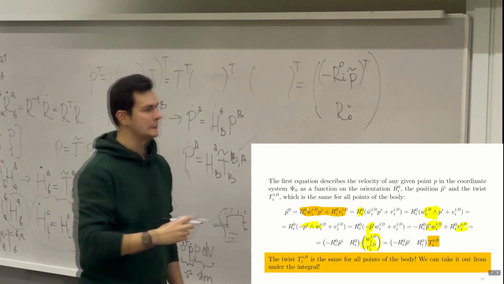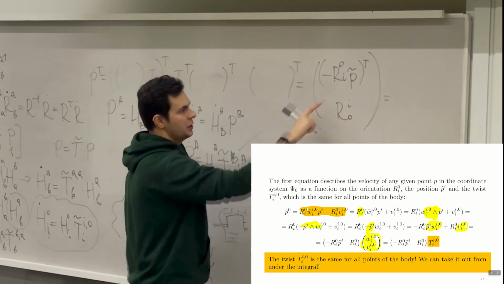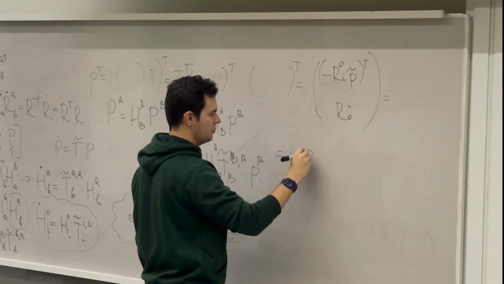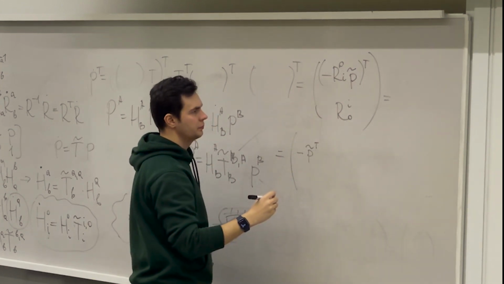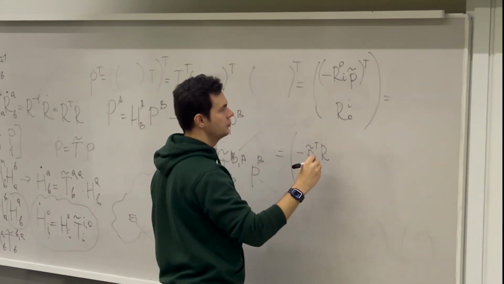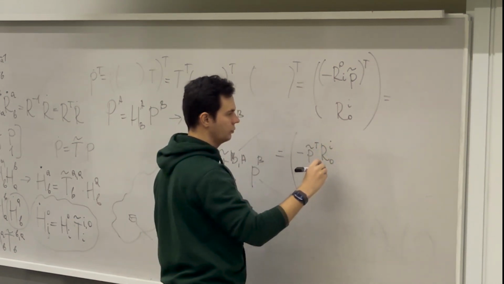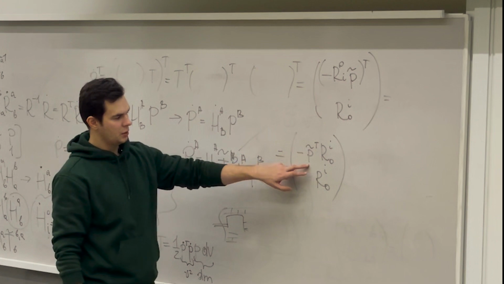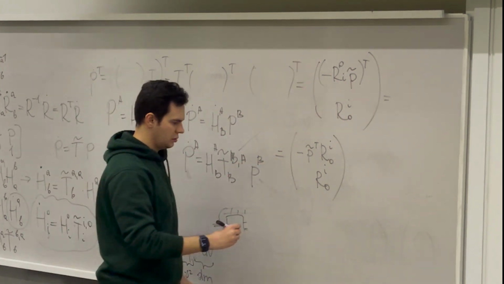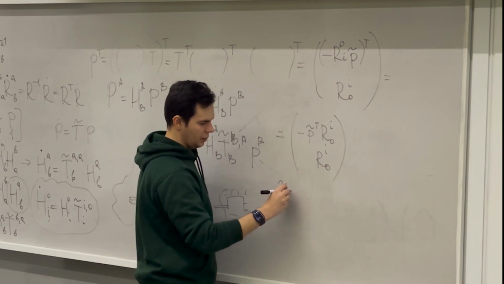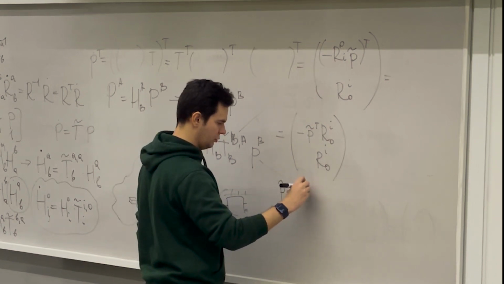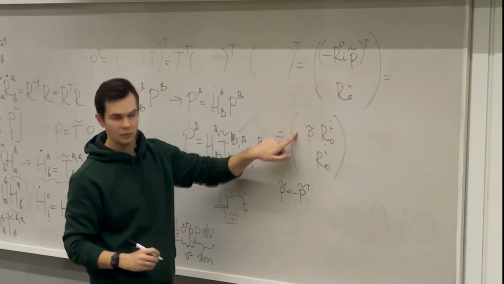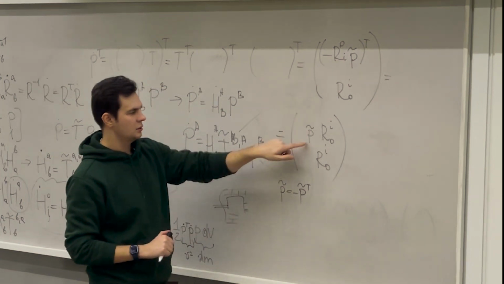Okay? So here we also need to switch places. It will be minus P tilde transpose R OI. And because it's skew-symmetric, we understand that skew-symmetric means that it equals its own negative transpose. So instead of this, we can just put it like this. Okay? Since it's the skew-symmetric form.